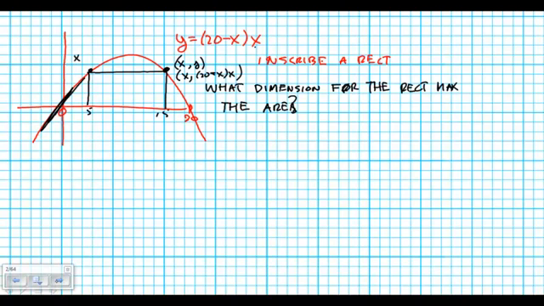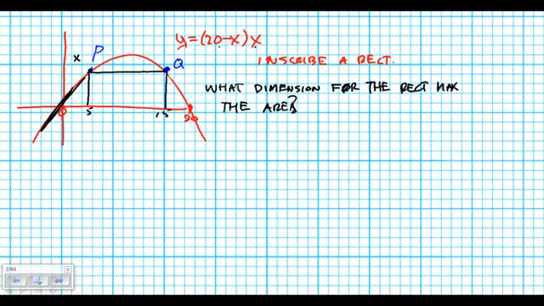Do we want to use x1? I got a great idea. Let's call this point, I think the book calls it Q. They call this point P.